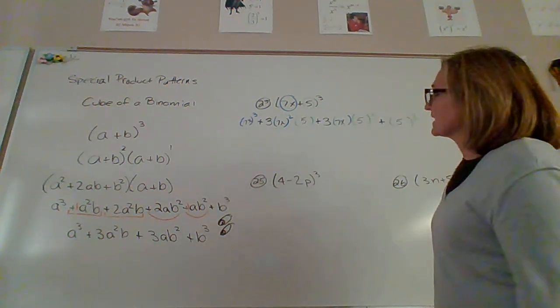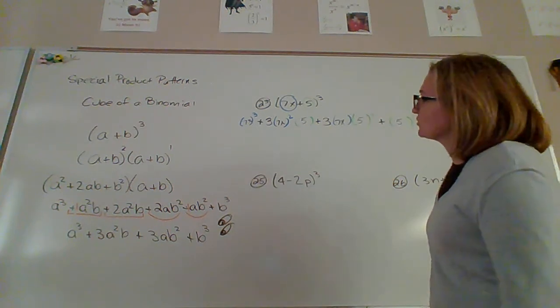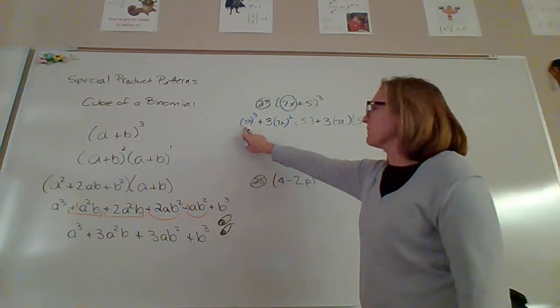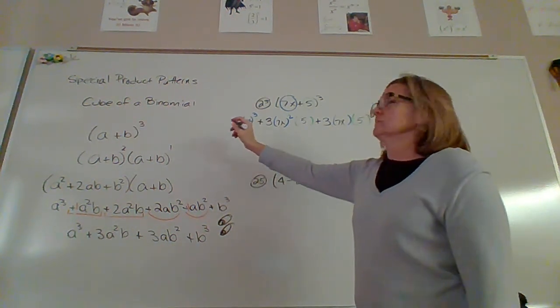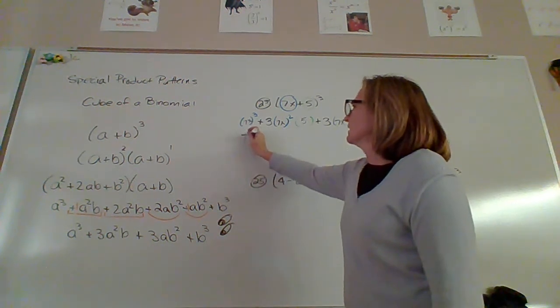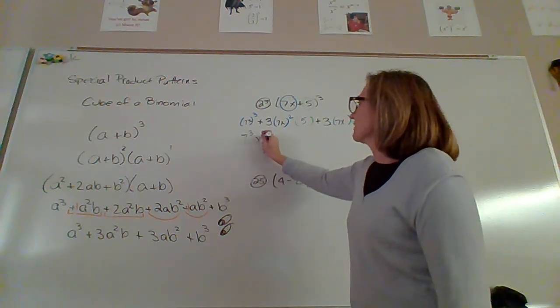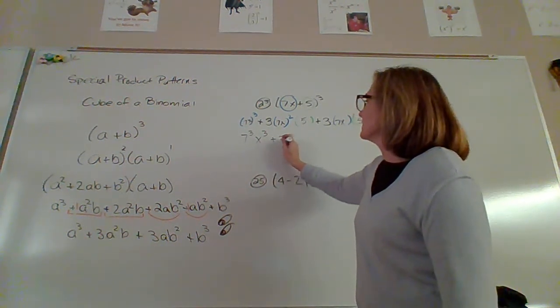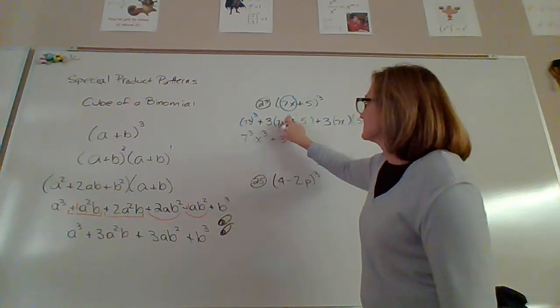And then we multiply it out. 7 to the third power, x to the third power, plus 3 times 7 to the second power.